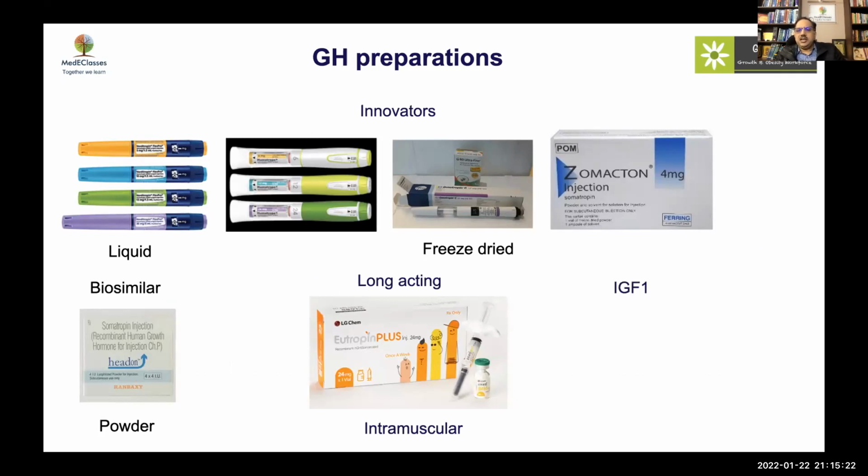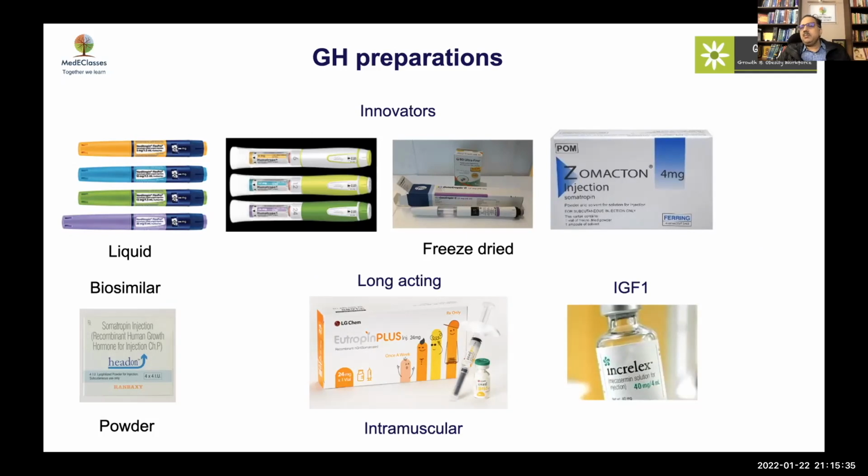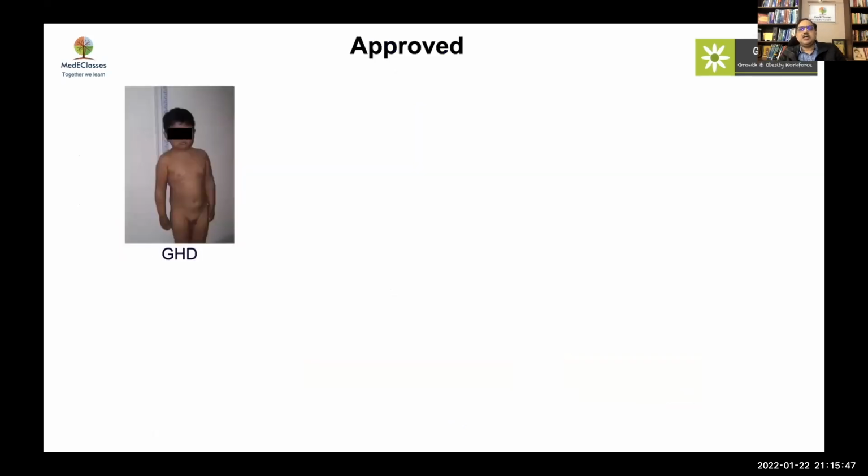But of course, they need to be validated in different studies, as similar pharmacokinetic and pharmacodynamic data is required even from their perspective. IGF-1 is also available, and there was a big buzz that it may be a very good therapy in various forms of short stature. But as I discussed, growth hormone does remain the treatment of choice, except for growth hormone insensitivity and somebody who has anti-growth hormone antibodies.